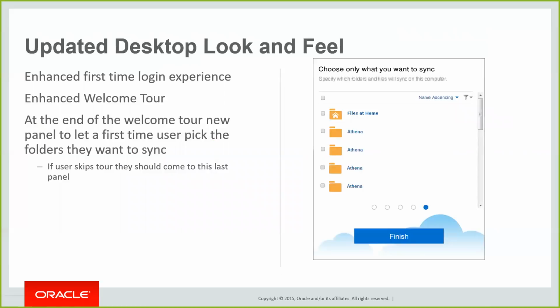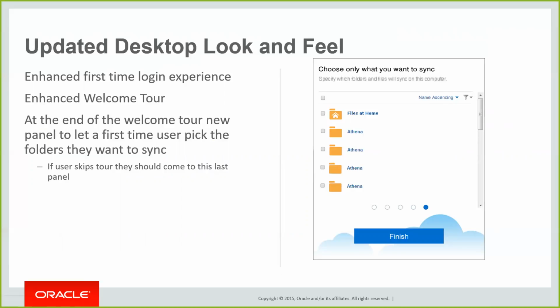So as you probably know, when you are starting the desktop synchronization tool, you have to choose what folders are going to be synchronized. By default, it's not synchronizing any folder. So you will have to choose what folders you want to synchronize. And this was added to the welcome tour, to the first login experience.